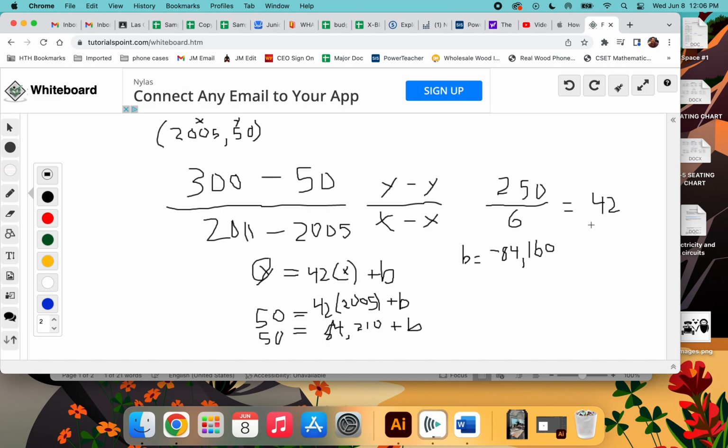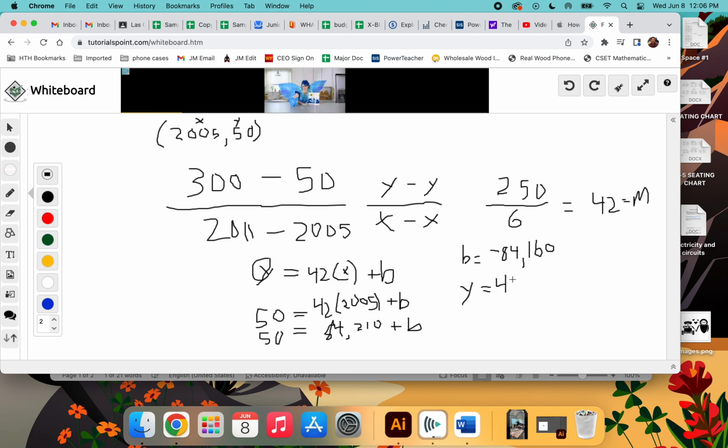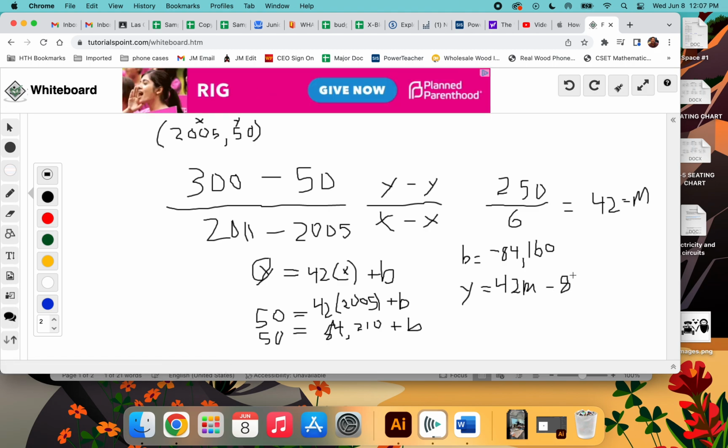Now I have my b and I have my m, so I can write my equation, or my algorithm, which is y equals 42x minus 84,160. Now that's my algorithm, and it's important because now I can find what the price will be in any future year.